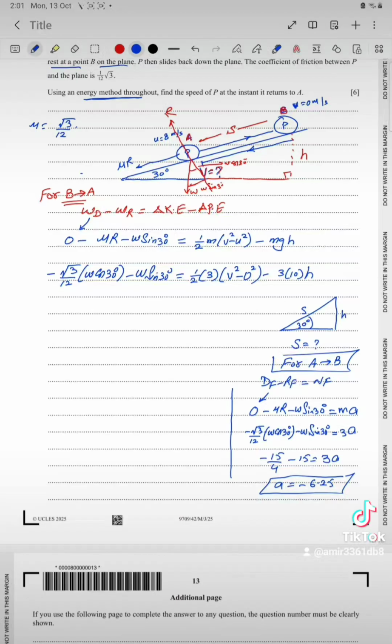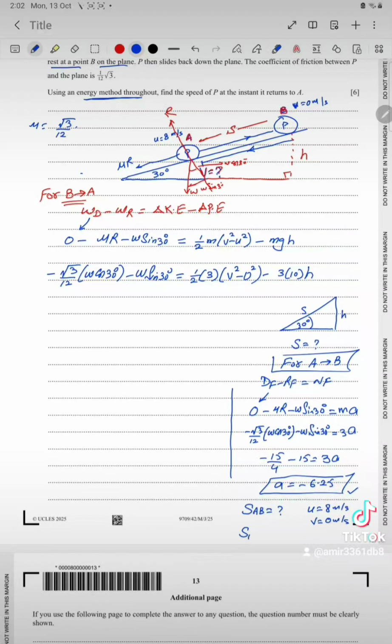Now we are looking for S of AB. How much distance is covered while throwing with the speed u of 8 meters per second? U was initially 8 meters per second. At B it was 0 meters per second. A we have calculated.